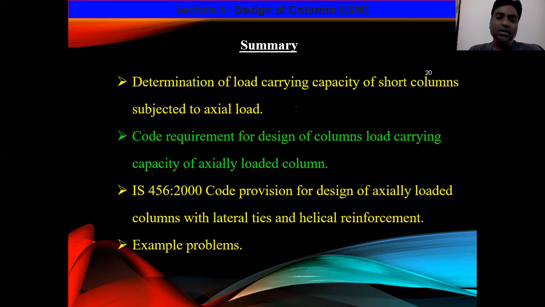And then we have discussed the requirements for design of columns, and the load carrying capacity of axially loaded columns. One is for lateral ties, and another one is for helical reinforcement. If you provide the helical reinforcement, then the column load carrying capacity increases by 5% compared to the same column with lateral ties.